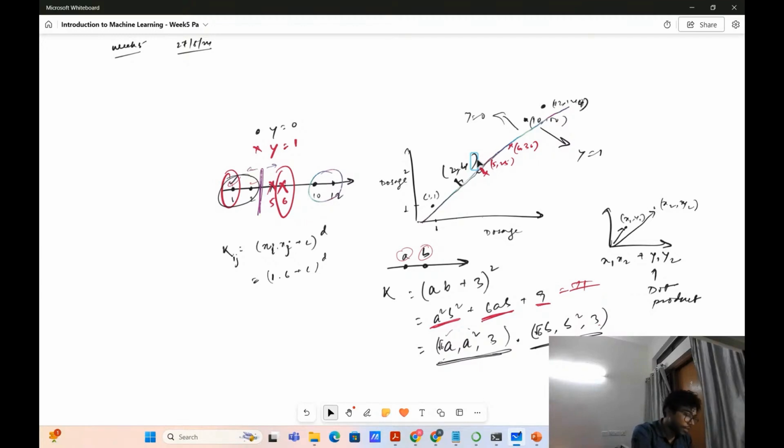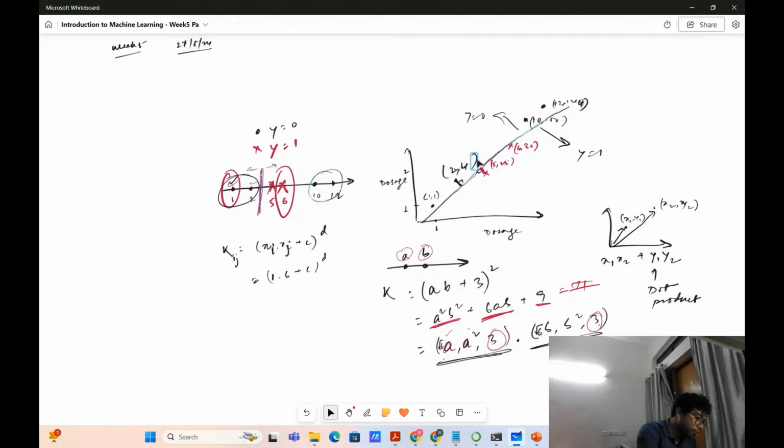So what are the two vectors? The two vectors are root 6a, a square. Let's ignore the 3 for now because it is the same in both cases. So it can be represented as root 6 times a comma a square.